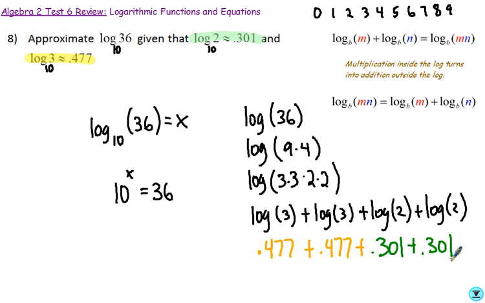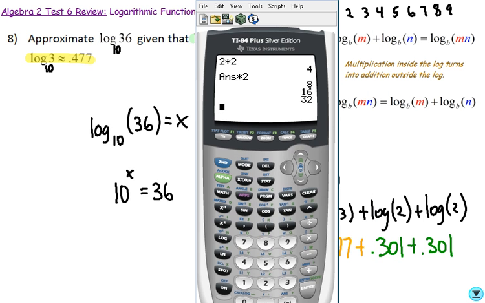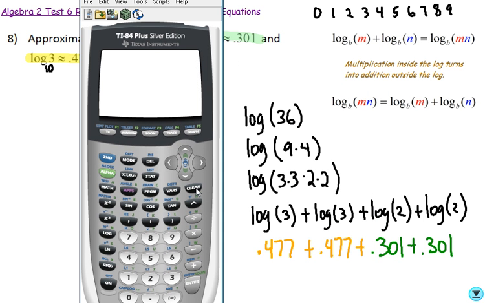Now I'm going to put all of that into the calculator. I've got 0.477 times 2, right, because I've got two of them, so 0.954, and then plus 0.301 plus 0.301, and I get 1.556.